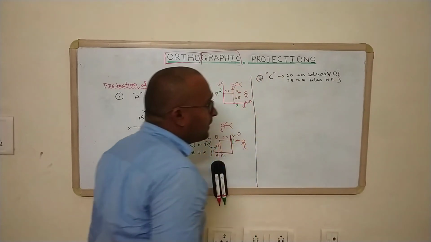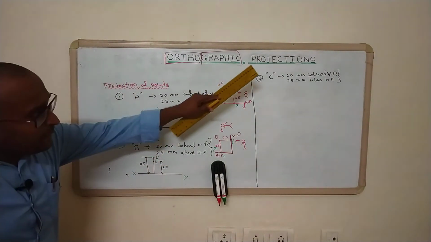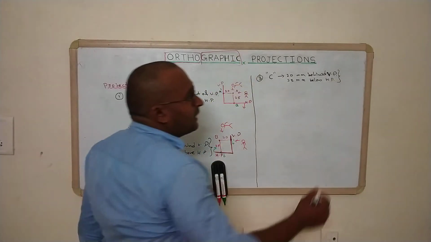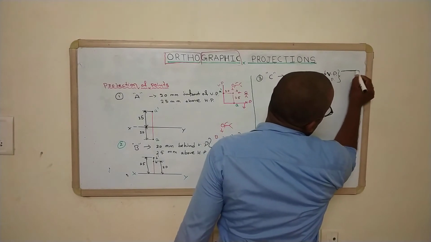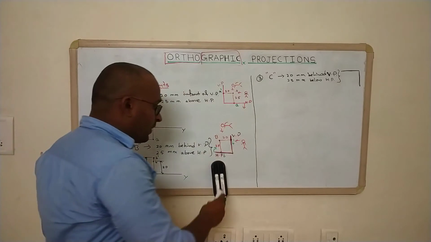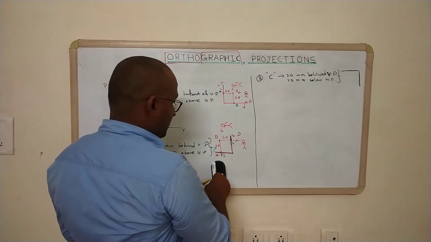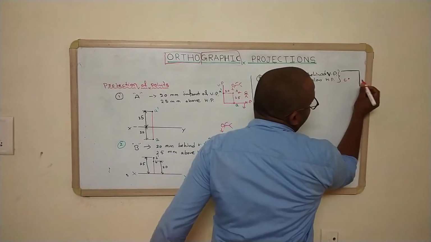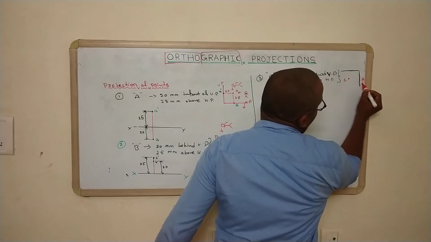So here this is the problem. Below HP, behind the VP, where exactly is it? In the third quadrant. The point C is exactly in the third quadrant. So here this is the point C and we are going to see from this side.